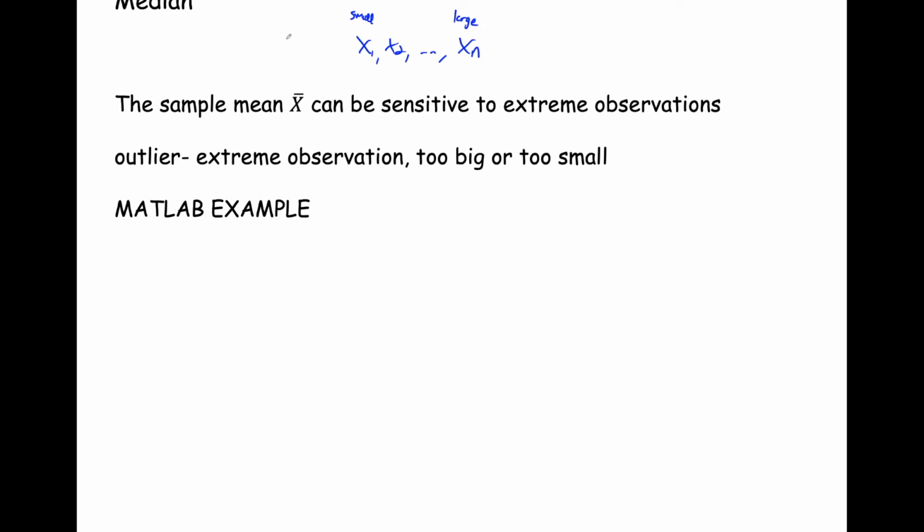Now, of course, your outlier, x nu, can either be smaller than the smallest value or larger than the largest value. And we call an outlier an extreme observation if its value is much, much less than the smallest value or much, much greater than the largest value.